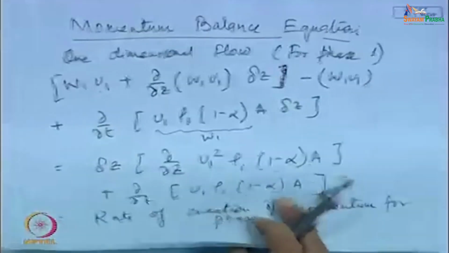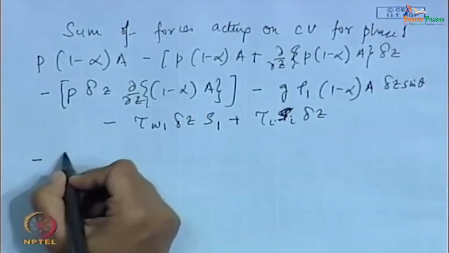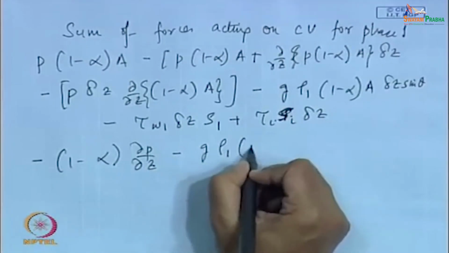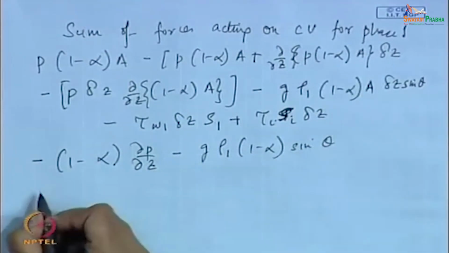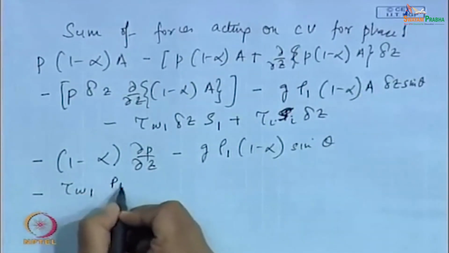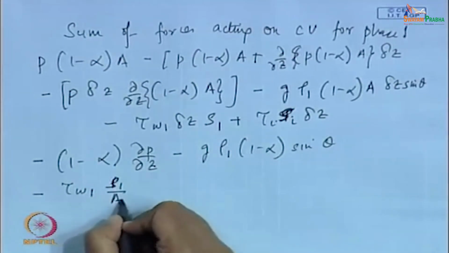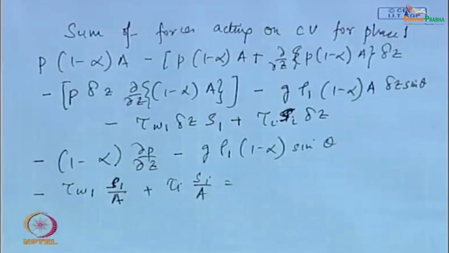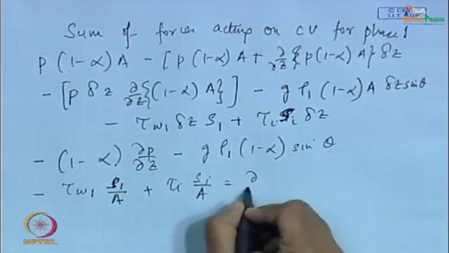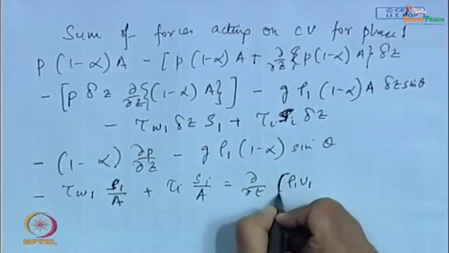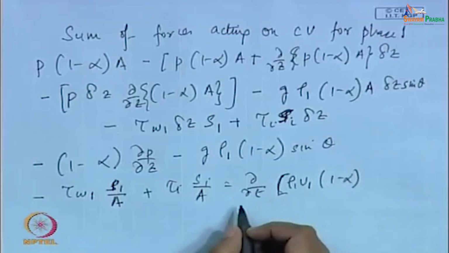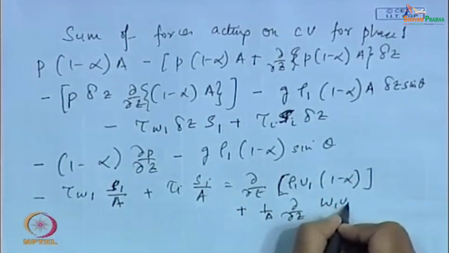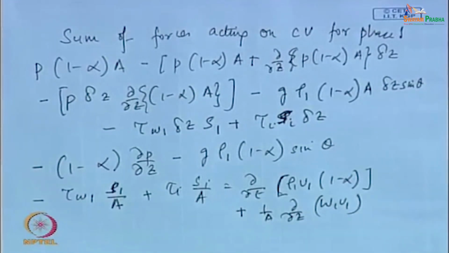So, on equating it, if you write it down and equate it, we get minus 1 minus alpha del P del Z minus G rho 1 minus alpha sin theta minus tau W 1 S 1 by A plus tau I S I by A. This is going to be equal to del del T of rho 1 U 1 minus alpha plus 1 by A del del Z of W 1 U 1. This is the thing that we get for phase 1.